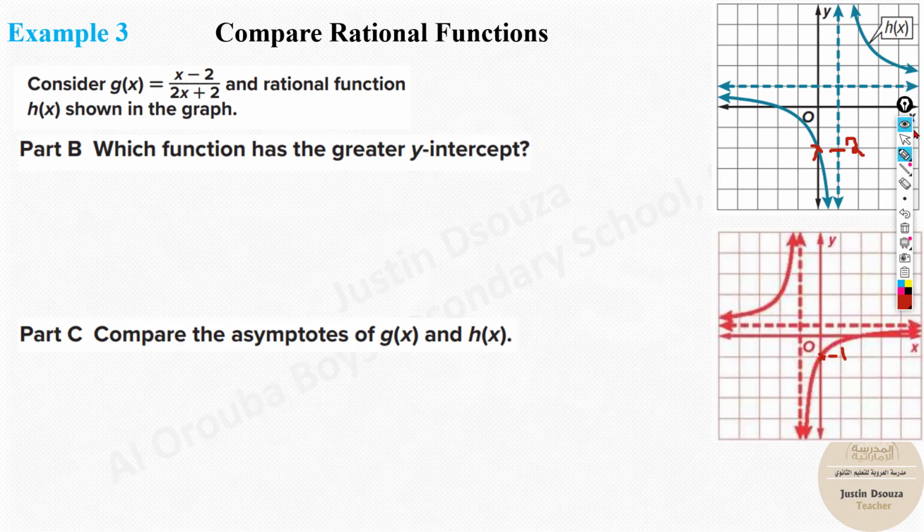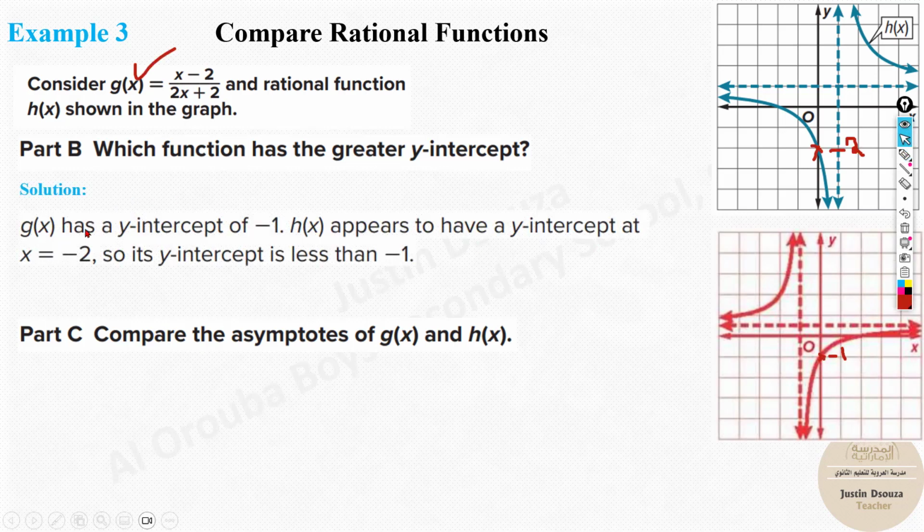Minus 1. Now which is a greater value? Don't get confused. Minus 1 is bigger than minus 2. Whenever it's negative, the smaller the digit, the bigger the value. So minus 2 is less. So g of x has greater y-intercept, and here it is lesser.